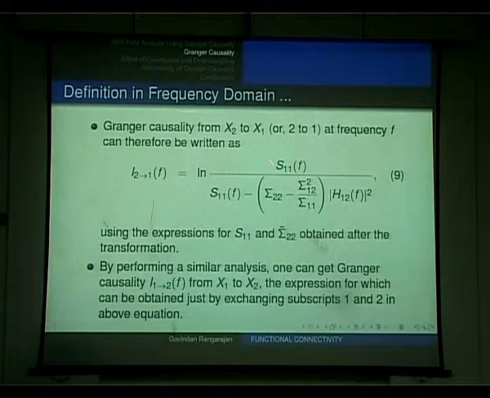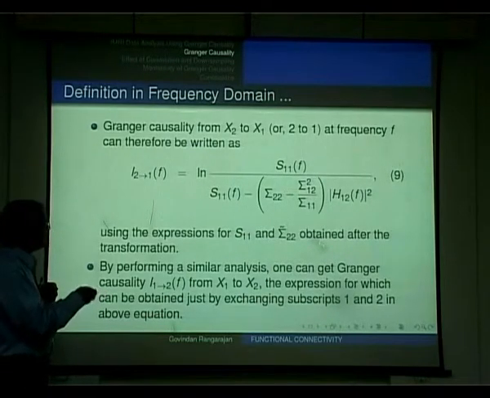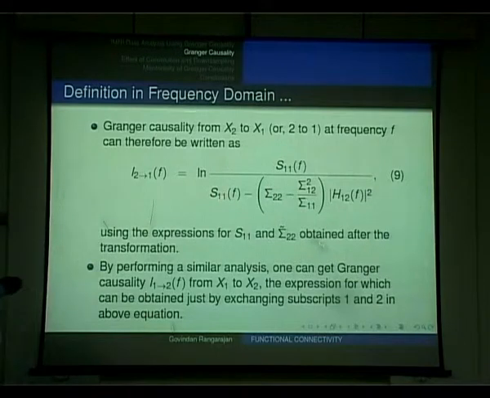This is the auto spectrum of process 1, and this denominator is the contribution to the auto power from process 1 itself, because I am subtracting out the contribution from the second process. So if this term is 0, then the second process would not contribute anything to the power of the first process. The numerator and denominator would be equal, and again Granger causality would become 0.